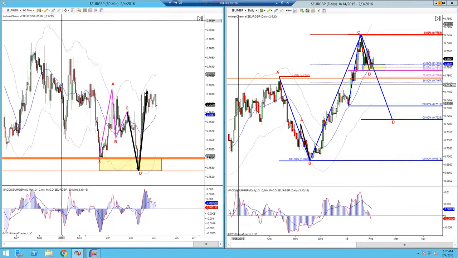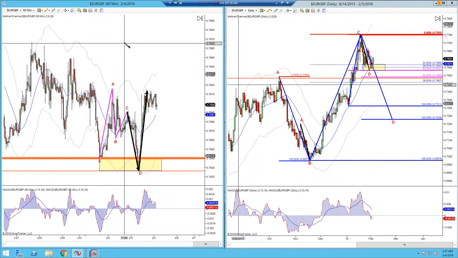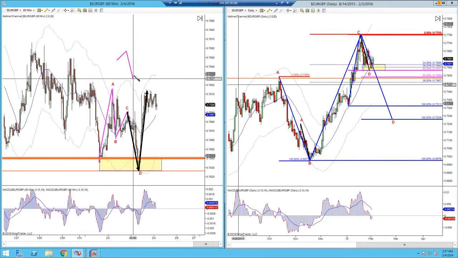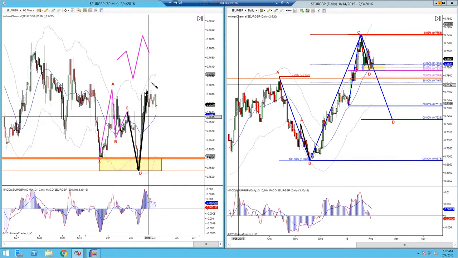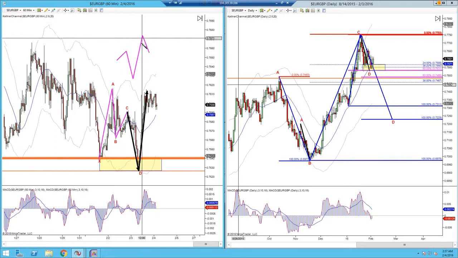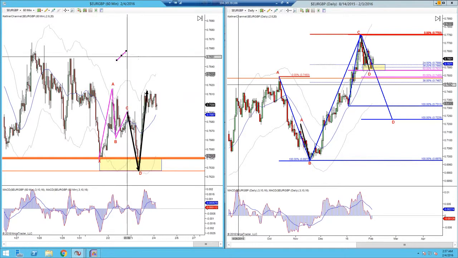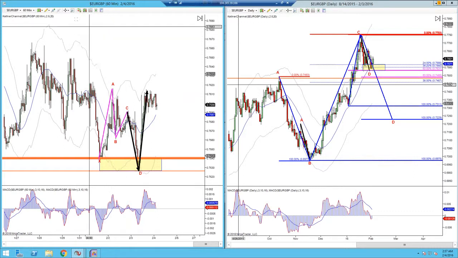So let's do a little drawing out. Market does this, market comes down, market does this, market does that. This is that shift in momentum. Big shift in momentum. So what we're going to do is take a retracement value from two places.